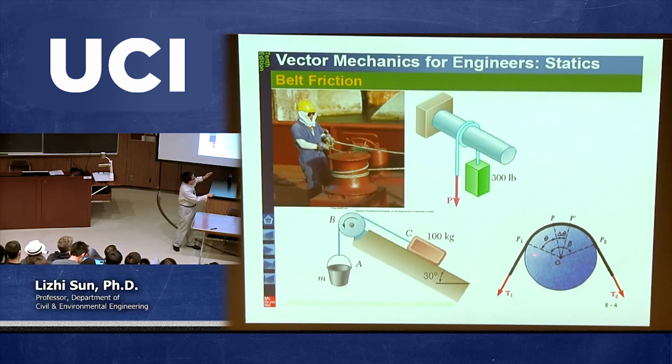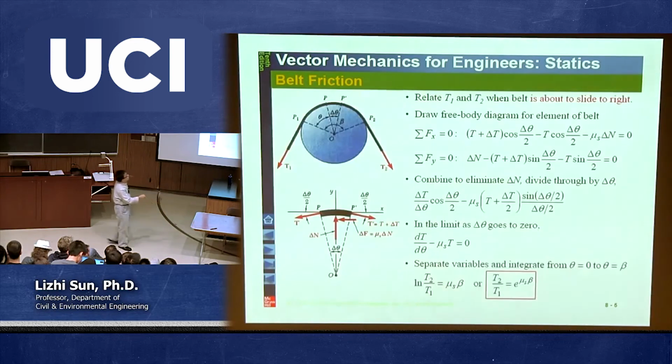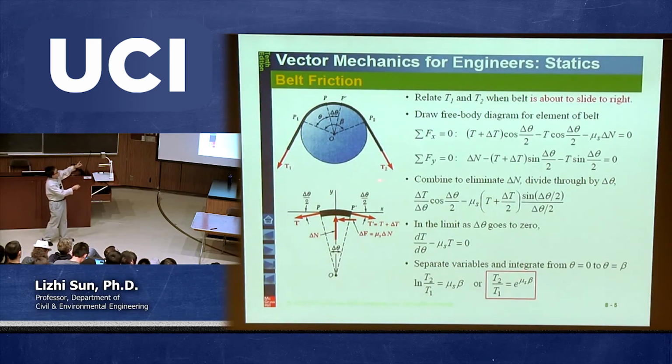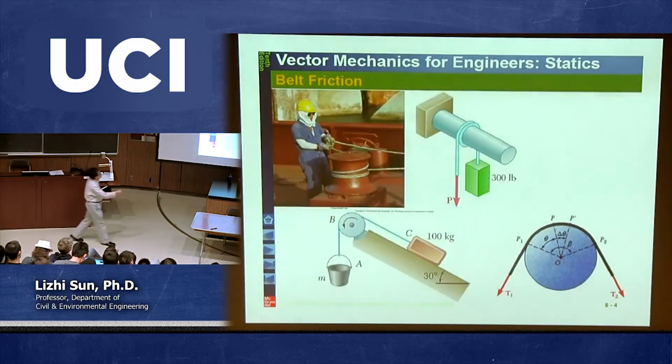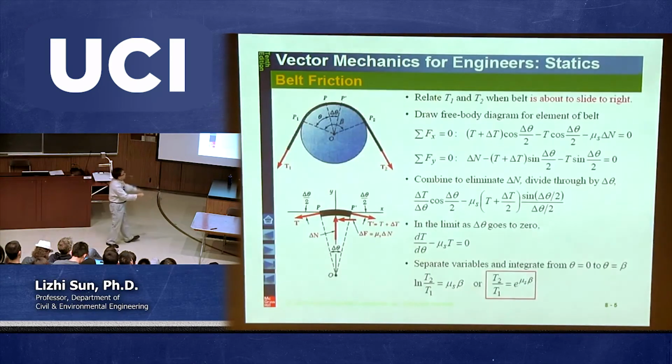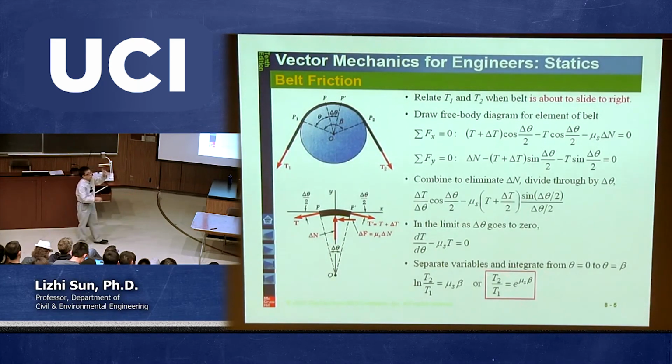If you're trying to rotate to the right, then T2 will be bigger than T1 because you have to overcome the friction. This is the general scenario I want to talk about, and to finally give you this equation between T1 and T2. Anytime you are dealing with this kind of problem, as long as you have this equation, you can quantify the friction force.